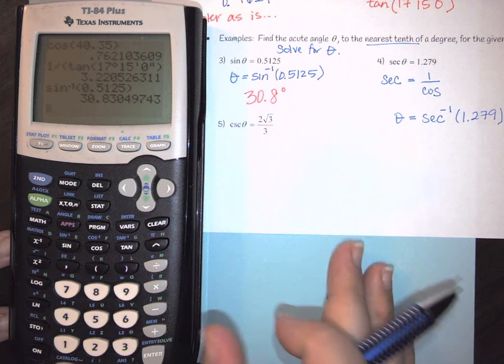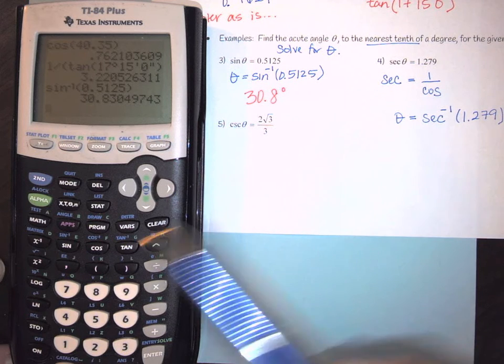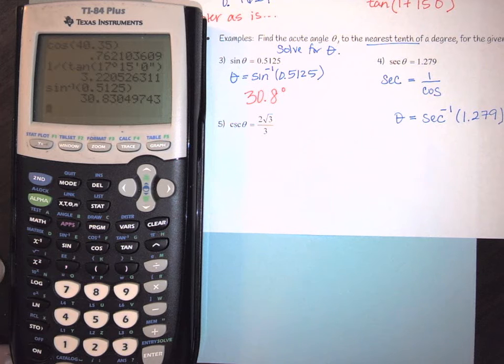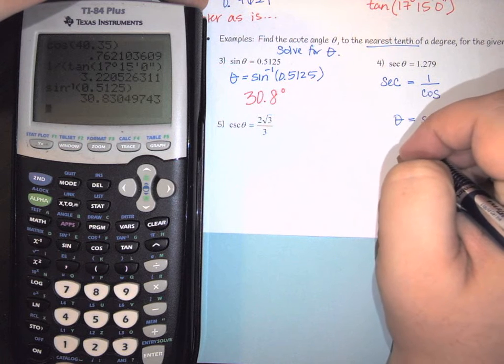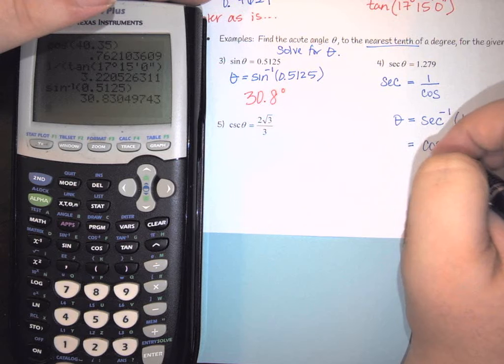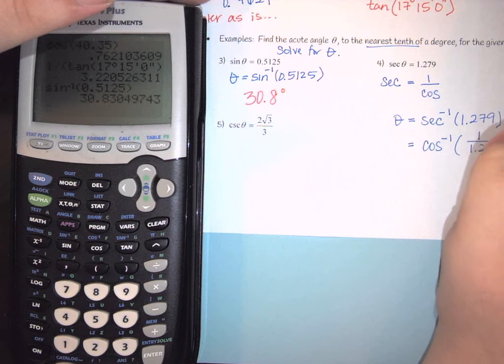So I have to remember to use cosine, its partner, but then do 1 over the value. So what I'm actually doing is cosine to the negative first of 1 divided by 1.279.